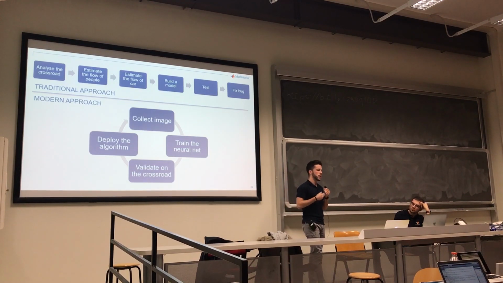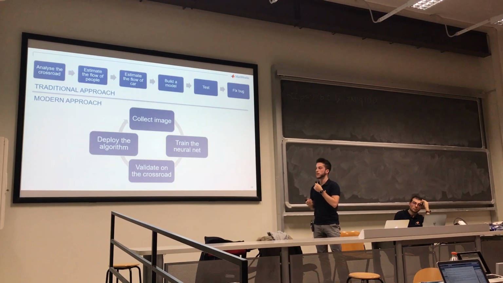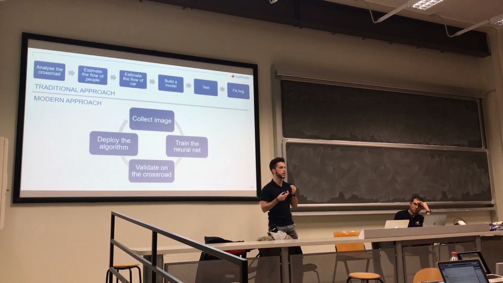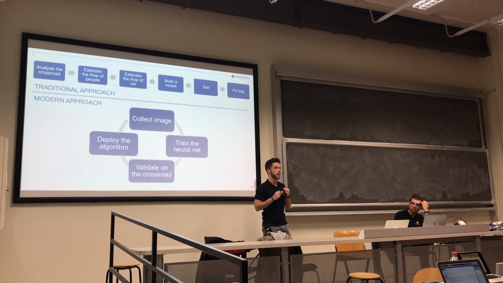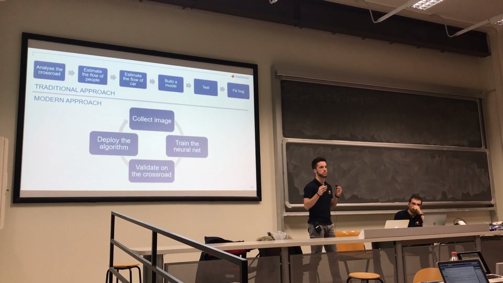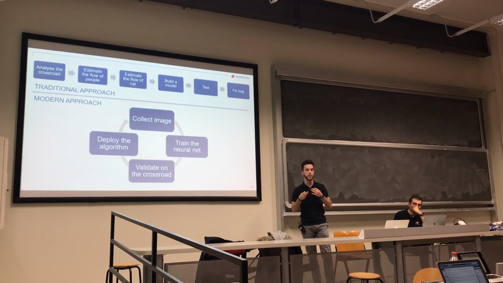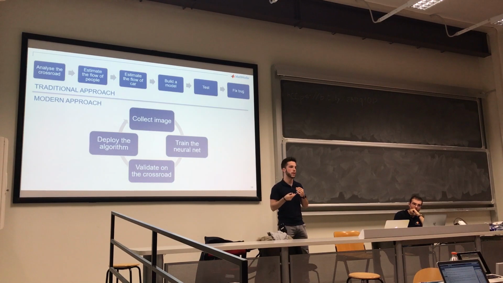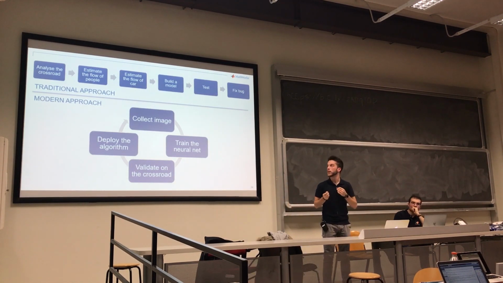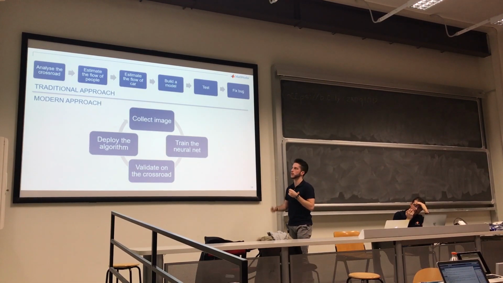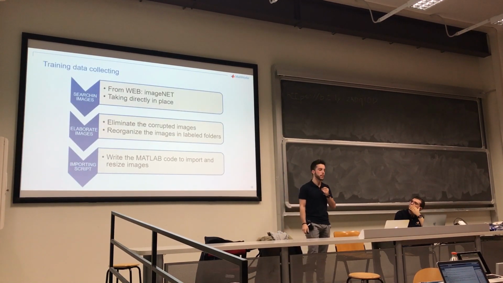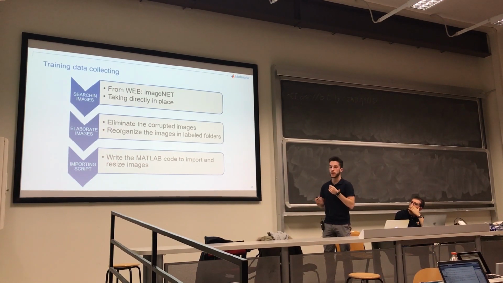When we are sure that the net is performing well with a certain accuracy, we can deploy our software, our algorithm, on the hardware that manages the traffic light system, and so our net works in real time. And when a car is approaching the crossroad, if there is a car on the other side, you can change the light. So the first step, as I said, is the training of data, the collection of our training data.